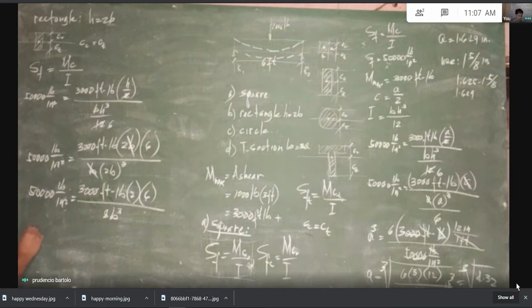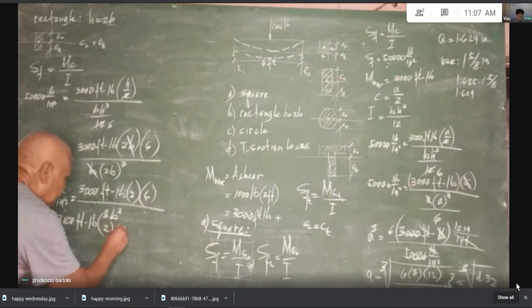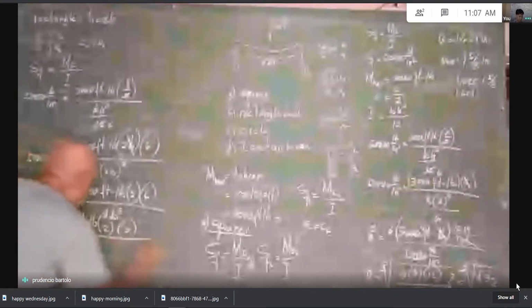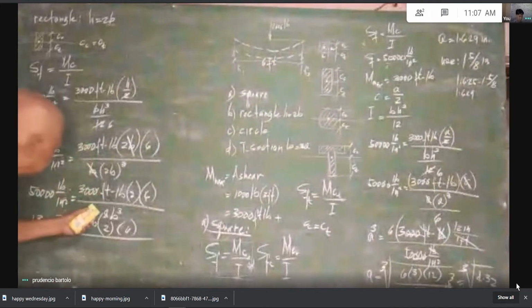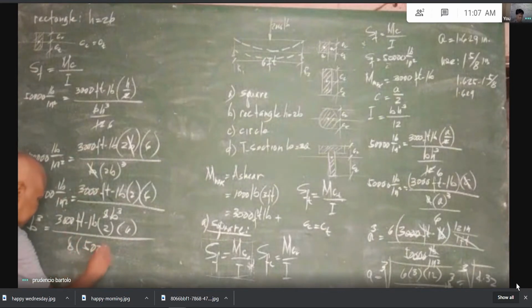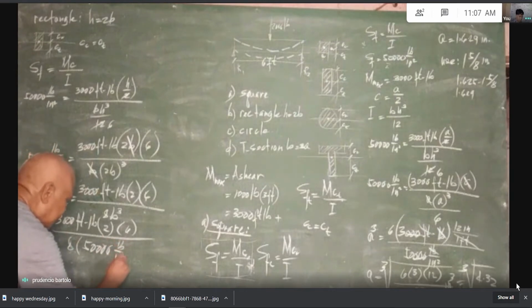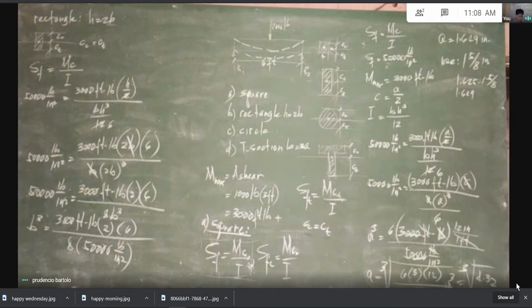So B cubed now is equal to 3,000 foot-pounds by 2 by 6 all over that is 8 by 50,000 pounds per inch squared. Again, this is in terms of the foot.